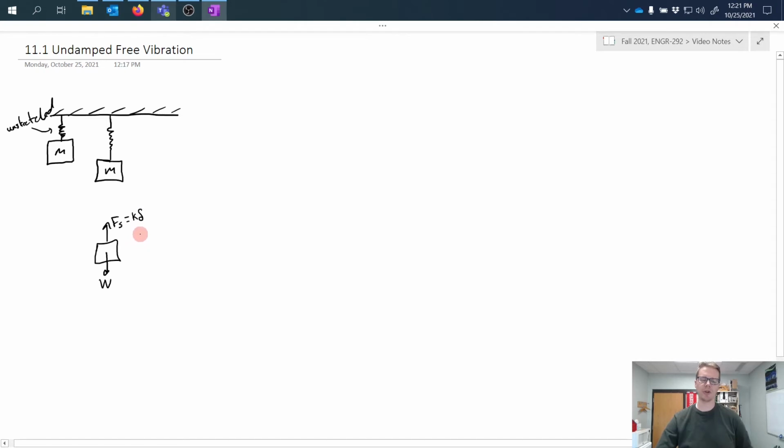We've stretched the spring now by applying some mass to it and obtaining some deflection here. So in this scenario, we have an equilibrium condition. So again, the mass is just resting here. And in equilibrium, then we could say that W equals k delta.